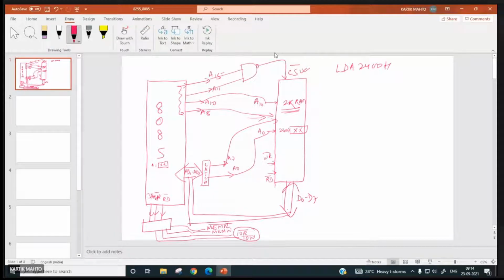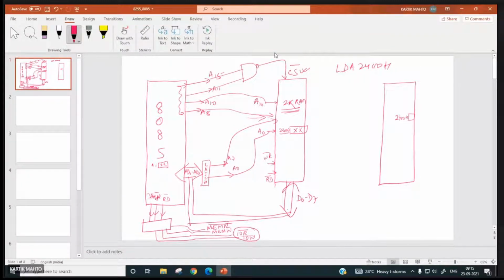Right? Now, what is 8255? 8255 is also nothing but a memory chip, you can say, with some extra facilities. What type of extra facilities will be there? Suppose this 2400 is one location inside this 8255.